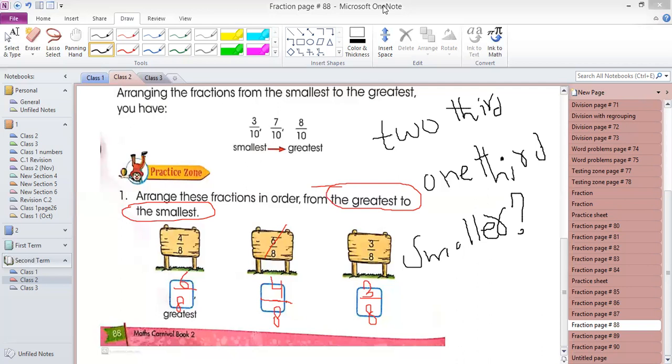Anas Fahad. Which is smaller, 1/3 or 2/3? 1/3. How do you know?